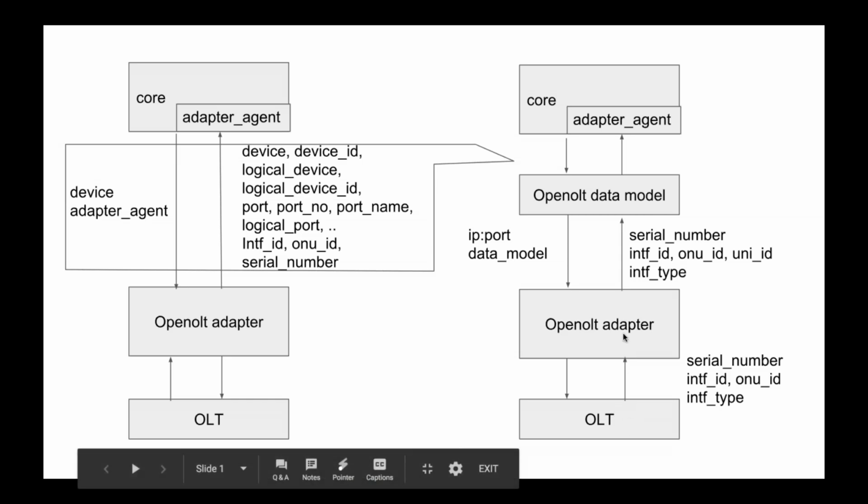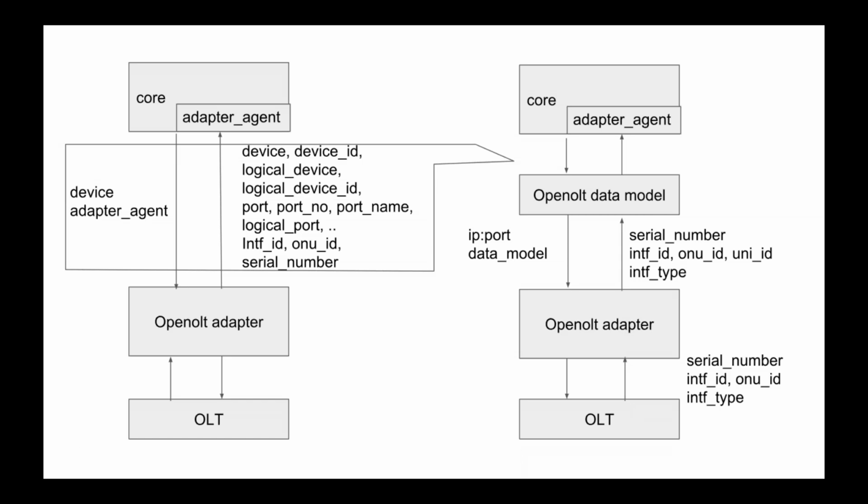So these are all indications going from the OLT to the adapter, and I'm trying to bring about a similar interaction between the adapter and the data model, where this is mostly indications going up, rather than the adapter querying things back from the data model or from the core.